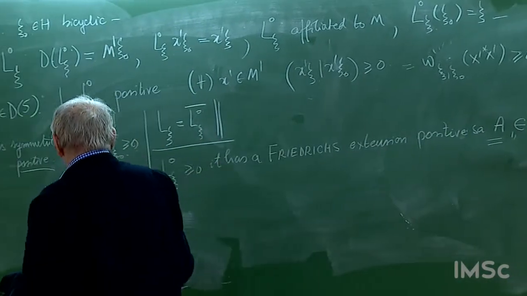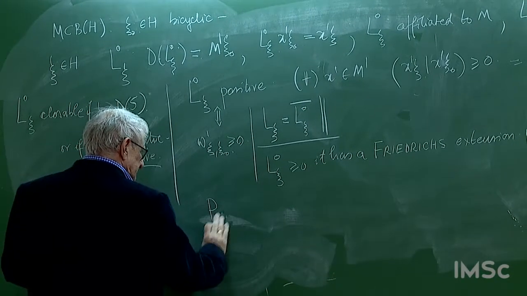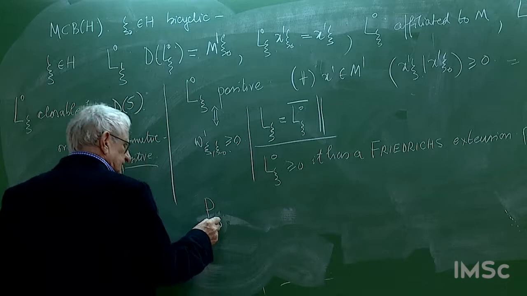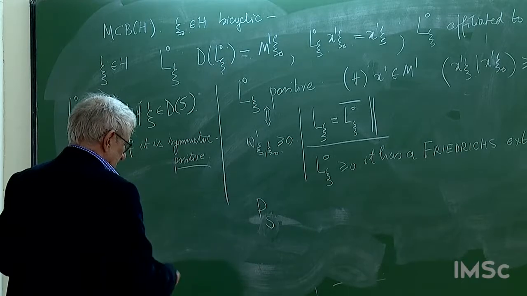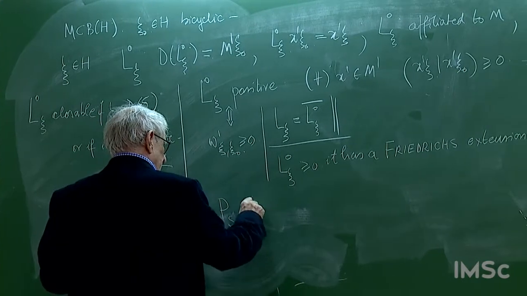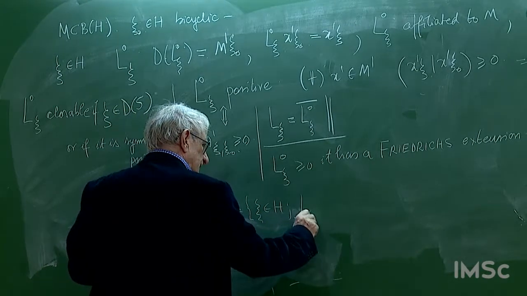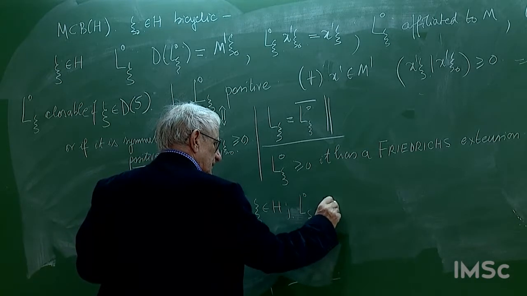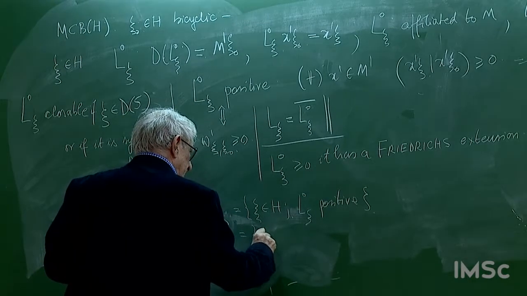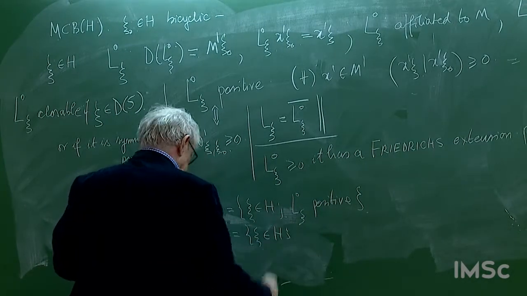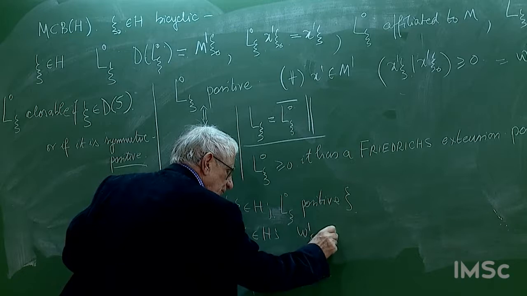Now, what we will consider will be a cone. A cone, I will baptize it P sub S. It is on the side of M, not on the side of M prime. P sub S are all the vectors psi in H such that L psi 0 is positive. That means this is the set of all psi belonging to H such that the form omega prime psi naught is a positive form.